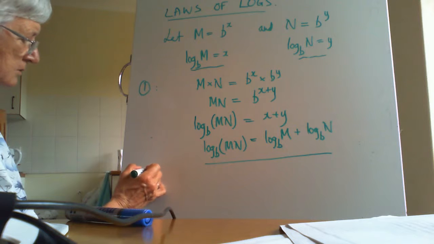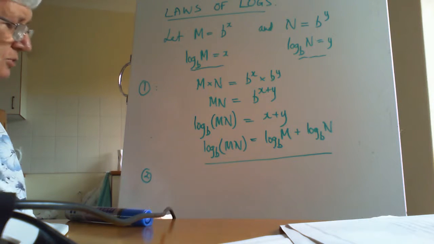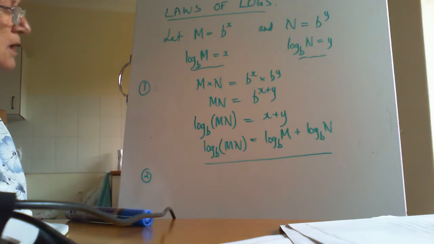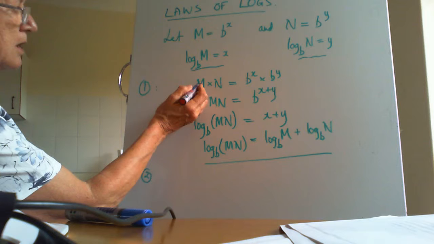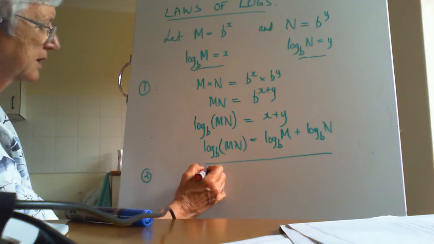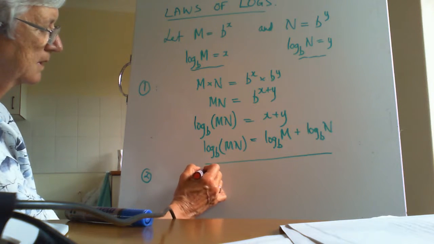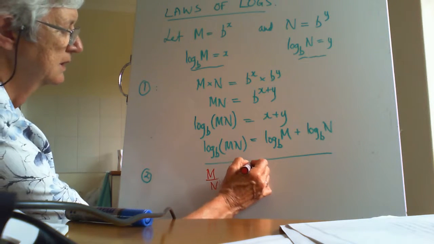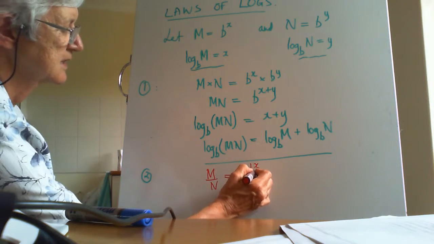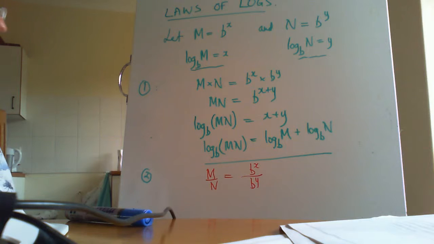Now the second law is very similar to this. It's to do with division, and I'd like you just to spend a few minutes on your own trying to prove the second law, where instead of m times n, you are working with m divided by n. And I think you will find it pretty straightforward, just following the steps but using the rules for division of exponents.